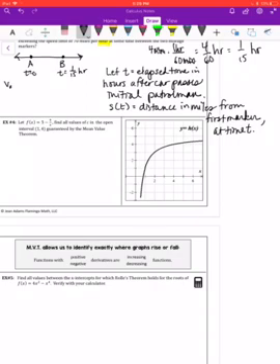And so our average velocity is going to be s of 1/15 minus s of 0 divided by 1/15 minus 0. Now that's going to be our change in distance divided by our change in time.